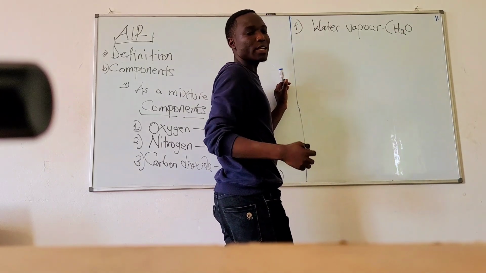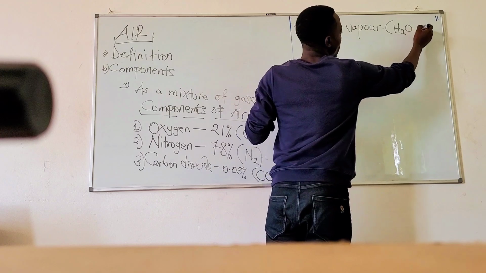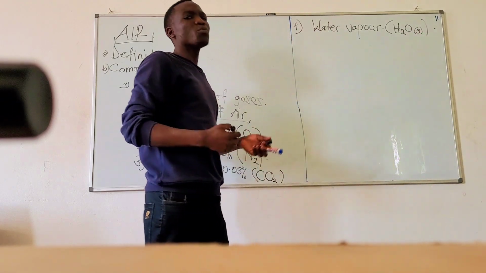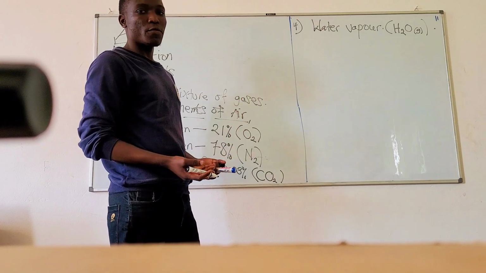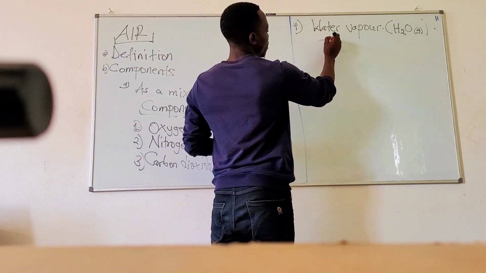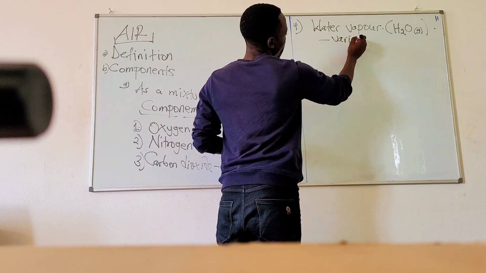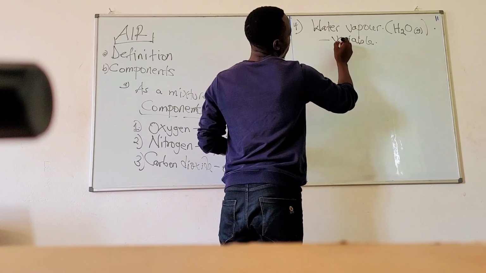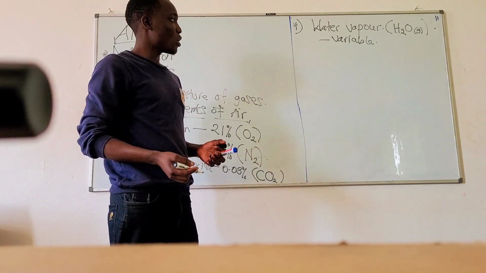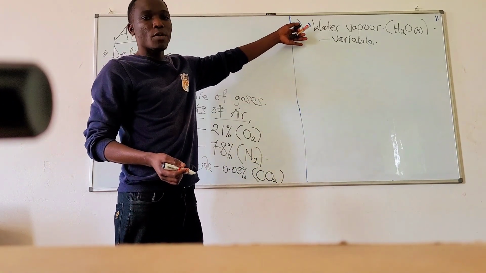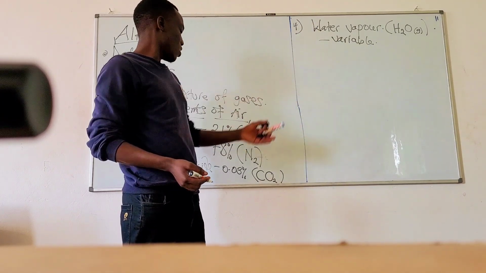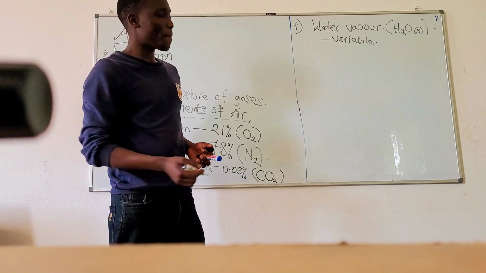But this time the state is not a liquid, but a gaseous state. So it is simply water in the vapor form. Its composition is variable, which depends on which environment and where you are. So the water vapor composition varies. That's why you don't give it a fixed percentage among the components of air.